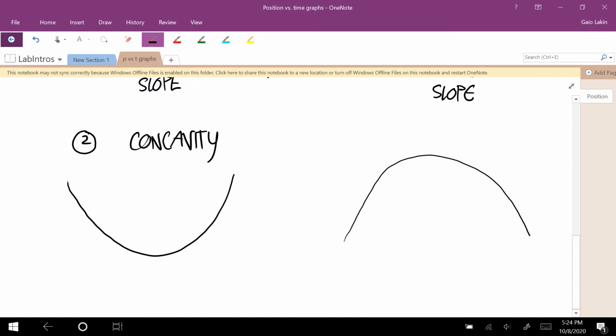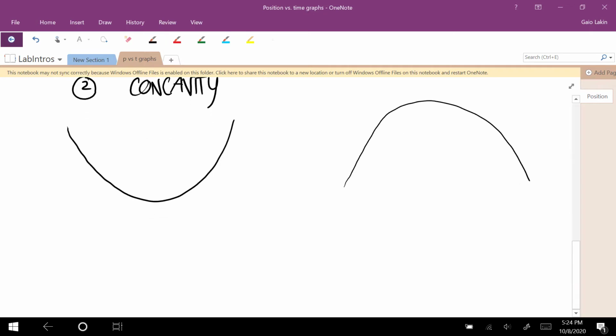If it's a straight line, no matter what the slope is of the straight line, it has zero concavity. So these are the only two possibilities if it has concavity. This one is called concave up. And you can think of that as, the way I learned this in math a long time ago, concave up is like a cup, concave down is like a frown.